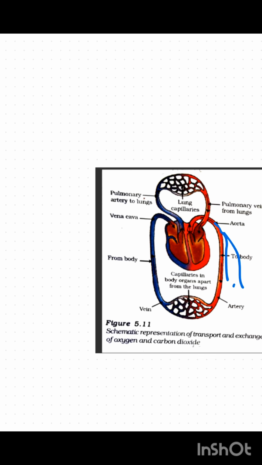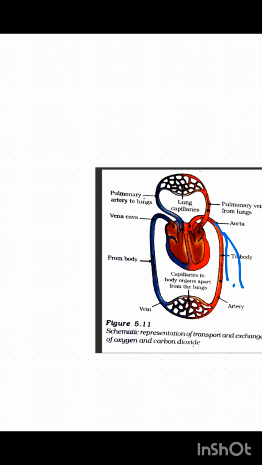After transporting, the oxygenated blood, once used by the body, is converted into deoxygenated blood. This deoxygenated blood travels in the veins from the body and enters the vena cava.